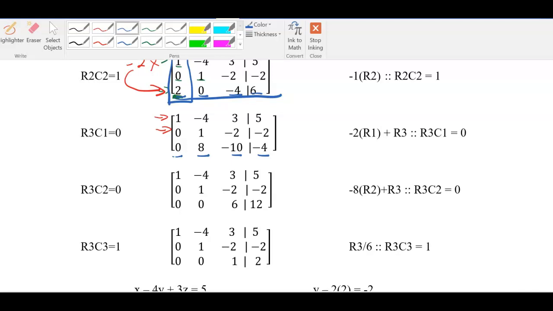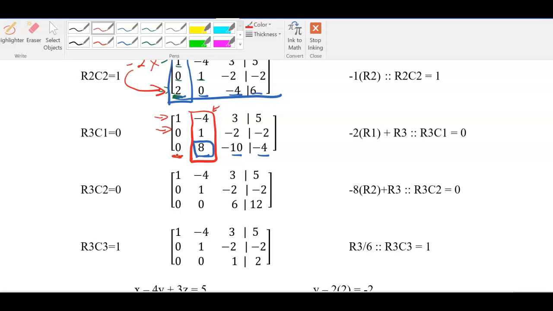Now we have to get this 8 right here to a 0. Now again, we're looking at this column. At first you would think negative 4 would be an awesome bet because I just multiply by 2. But if I multiply by 2 and add down, I'm going to change this 0 to a 2, and I don't want to do that.